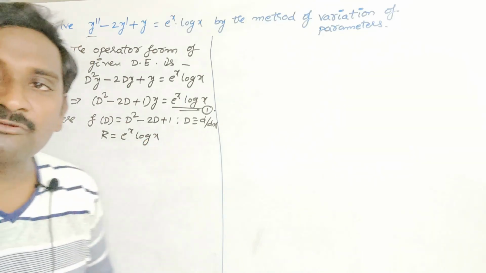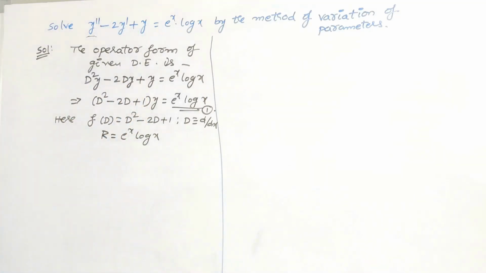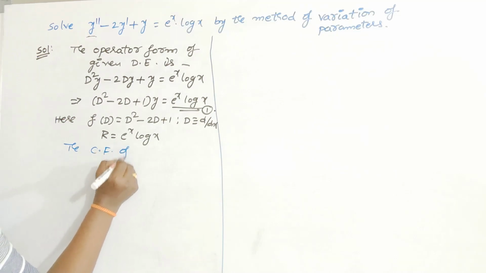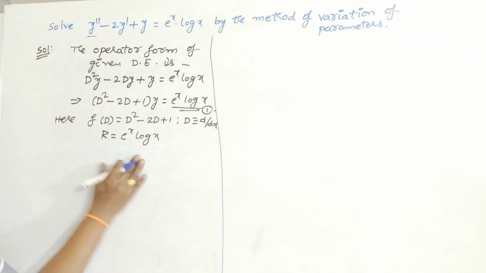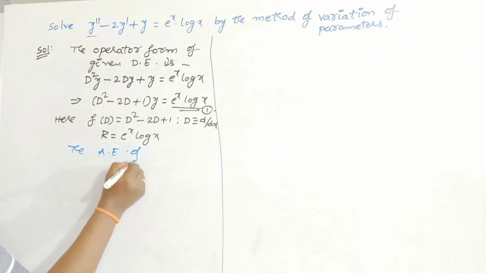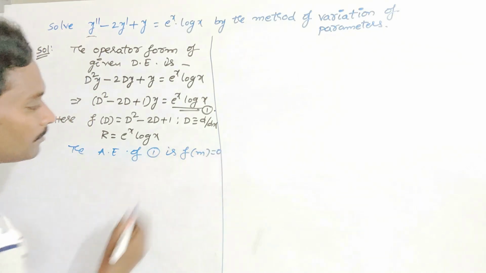So first of all we have to find the complementary function as usual. The complementary function of 1: for getting the complementary function, you already know that you have to write the auxiliary equation. The auxiliary equation of 1 is f of m is equal to 0.